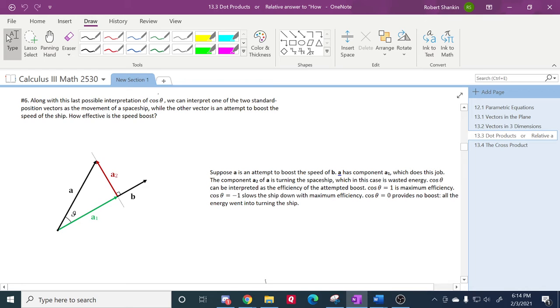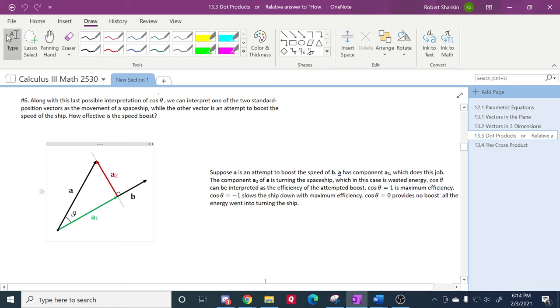B is the direction a rocket's going, and A is you're firing some kind of booster rocket to boost your speed. But you didn't fire it in quite the right direction, and so this red component here is wasted energy. That's causing rotation or turning. It turns the rocket, and that's not what we wanted.